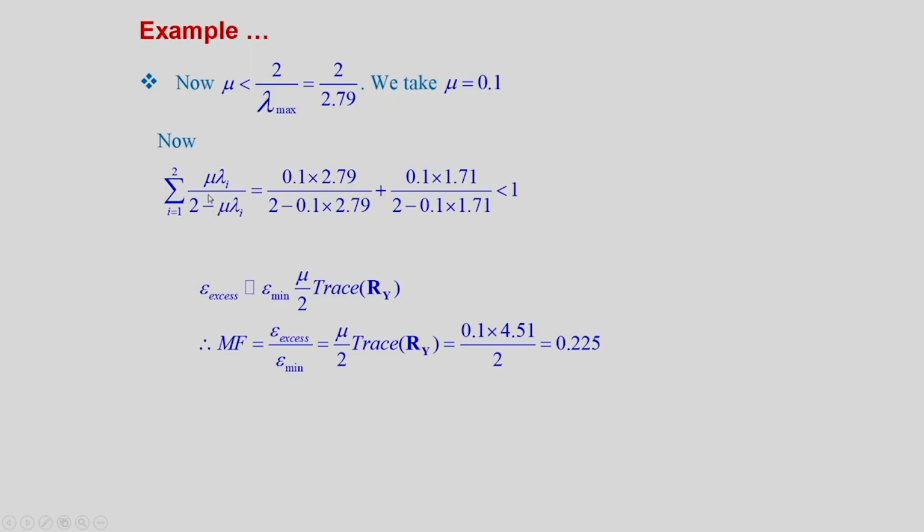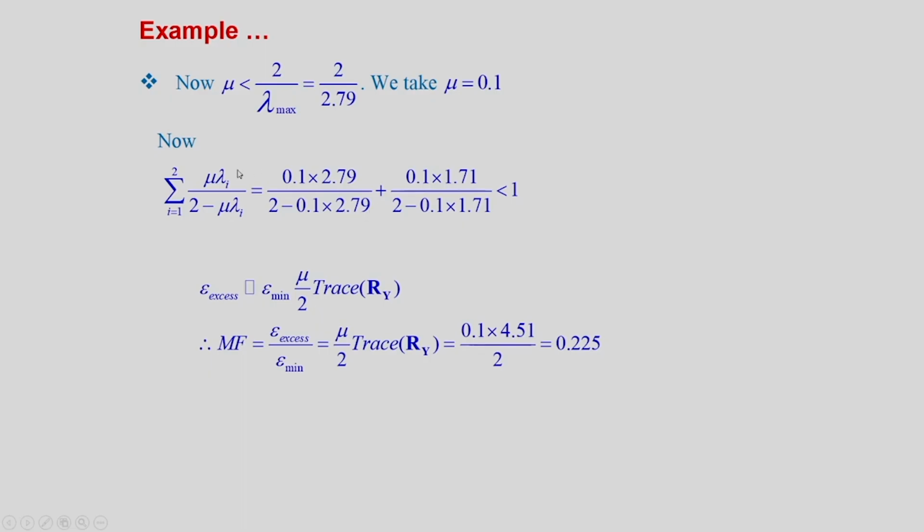Then we see this factor, since we want to determine the excess mean square error. Therefore, we have to determine the summation of mu lambda i divided by 2 minus mu lambda i, going from 1 to 2, where m is 2. Mu we know is 0.01, so for lambda 1 it is 0.1 into 2.79 divided by 2 minus 0.1 into 2.79.